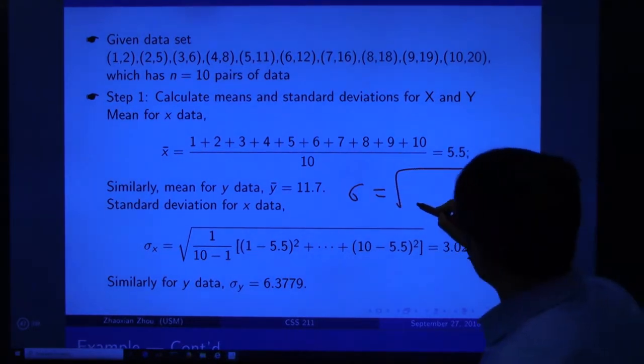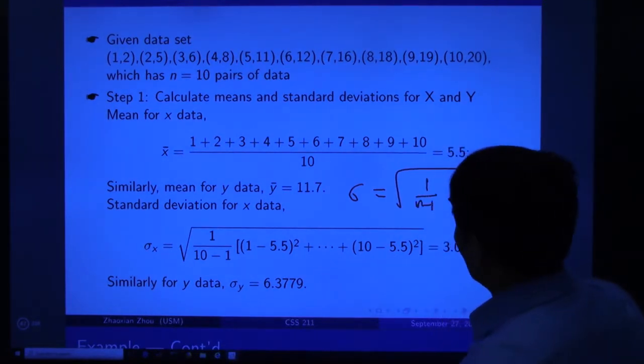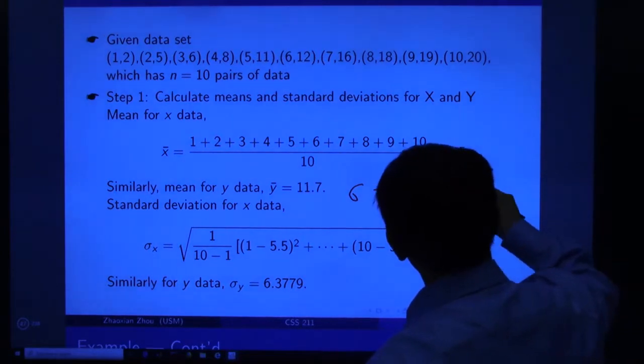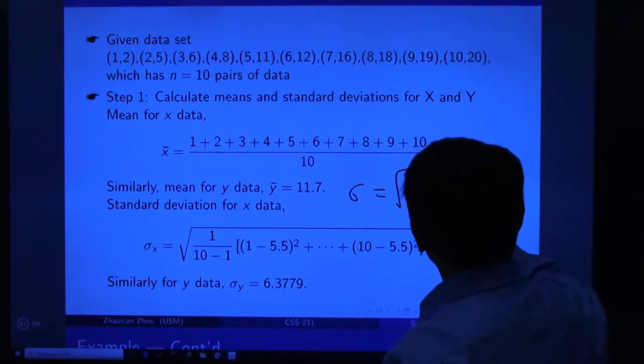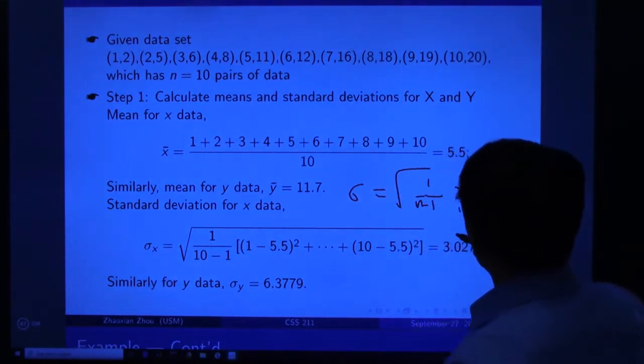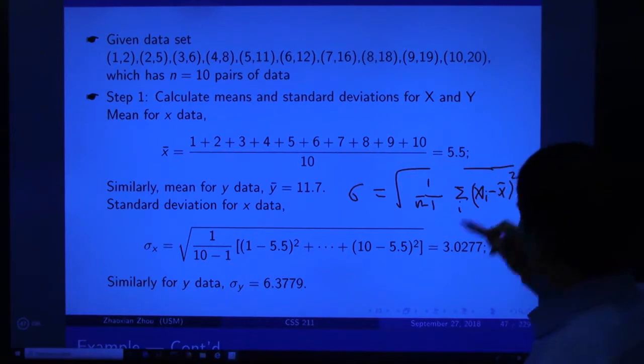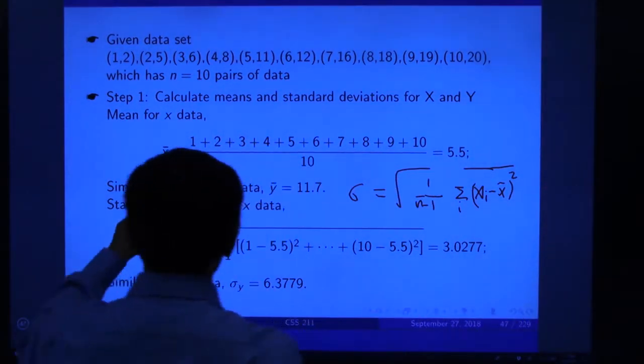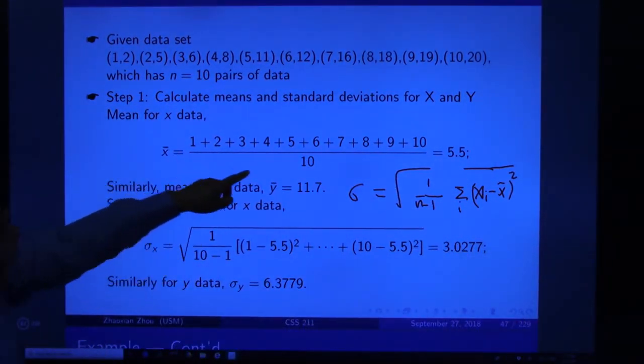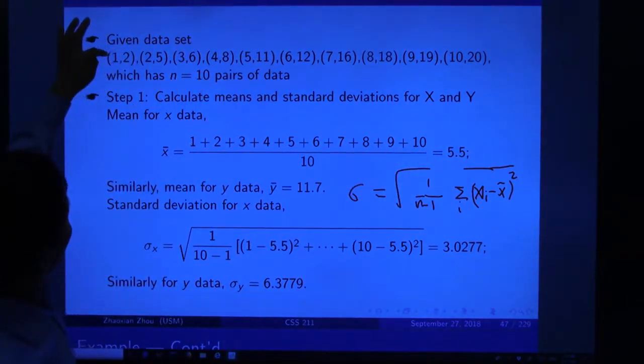So this is 1 over n minus 1 times the sum over all i of xi minus x bar, squared. For this example, for x, we know the mean equals 5.5. So the first data point equals 1.